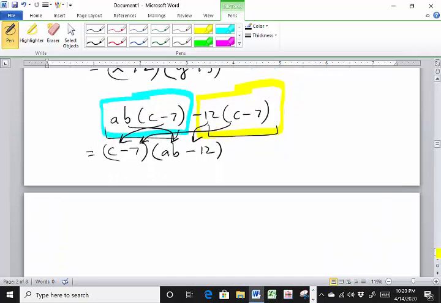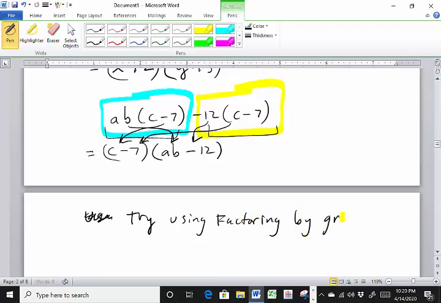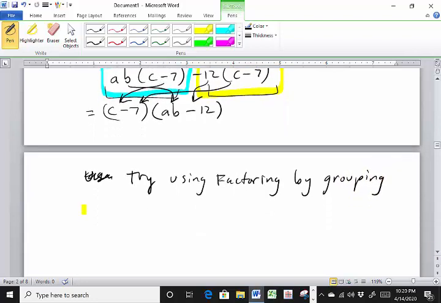Now, let me write this down. I'll say try using factoring by grouping when you are given 4 terms.